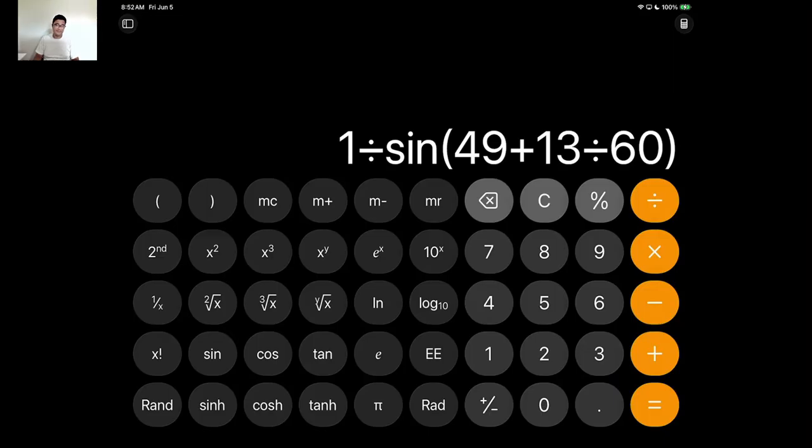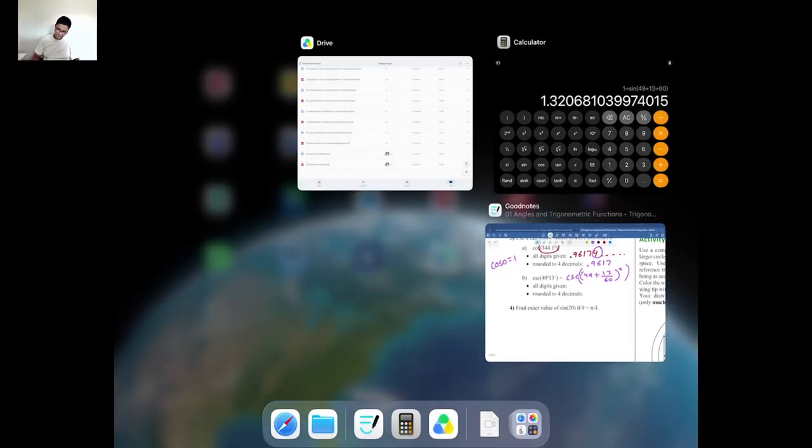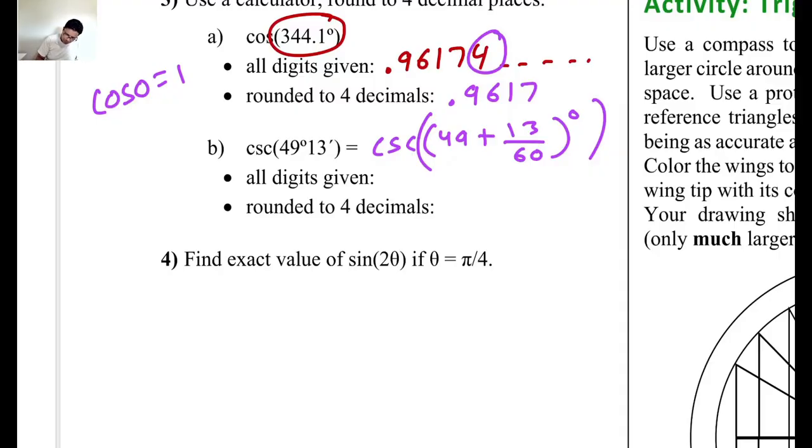That's the angle, in parentheses, which converts it to degrees, and 1 divided by sine of that gives you cosec. 1.320681 and more digits. Round to 4 decimals: 1.3207, because the next digit was 8, so you round up to 7.